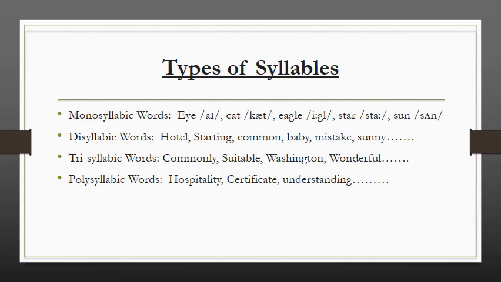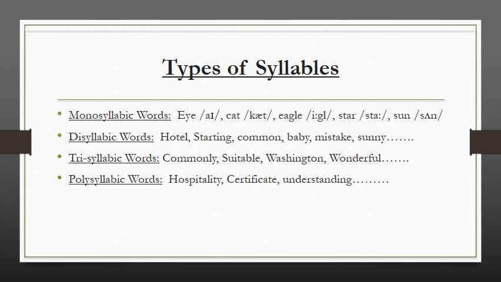The examples are I, E-Y-E, the word I. It's phonologically transcribed or symbolized as a, the vowel, and E, short E sound. These two vowel sounds make up this syllable I.